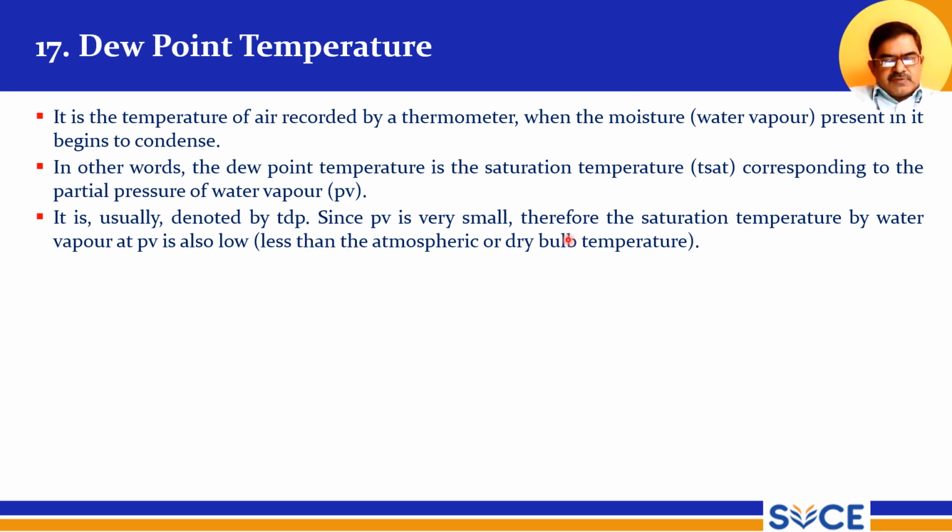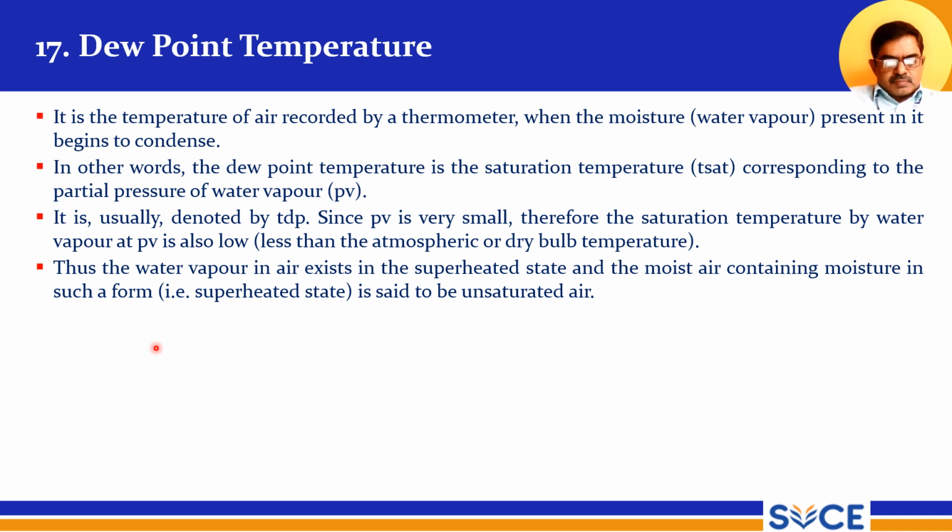Since the pressure of water vapor PV is very small, the saturation temperature of water vapor at PV is also low, less than the atmospheric or dry bulb temperature. Thus, the water vapor in air exists in the superheated state, and moist air containing moisture in such a form is said to be unsaturated air.